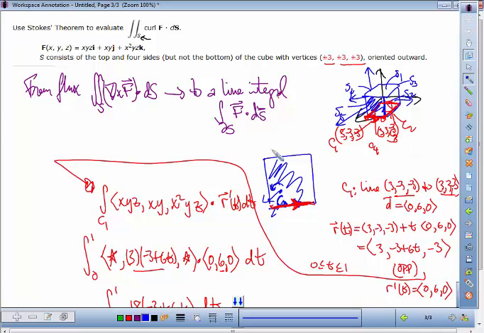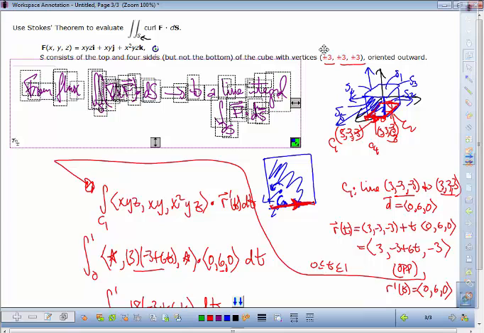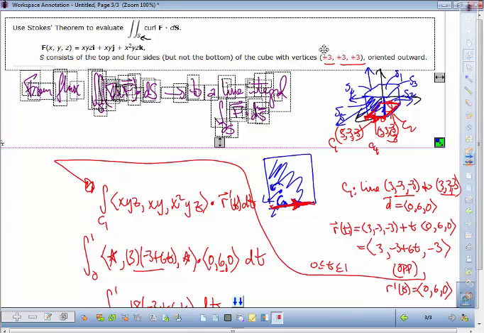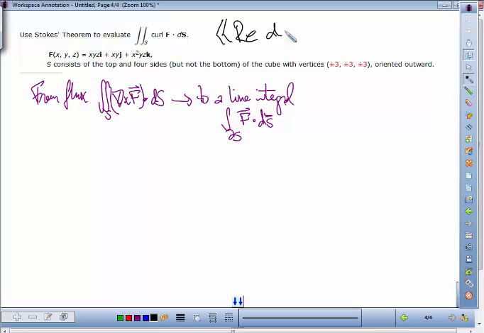Let's take a look at this scenario again. What do I want? So let's do this over again and look at the problem, look at the picture, and see if there's another way to do this.